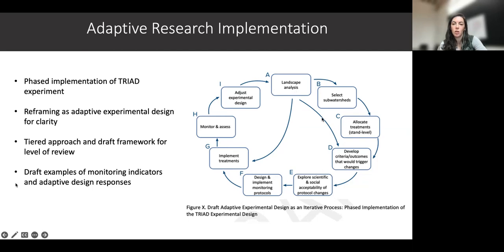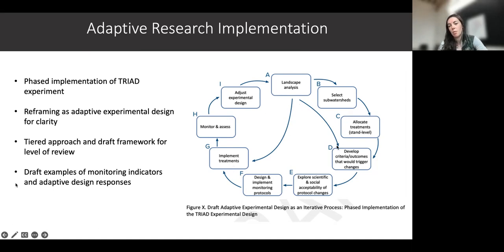So that's the outer loop here, but you can see there are smaller loops indicated, and these two shown here may not be the only two, but these are two of the major ones. If you go through this process of monitoring assessment, and it's determined that an adjustment is needed, then you would continue to analyze data at a landscape scale, and potentially then have the information you need to make adjustments and implement treatments, or continue on the path that you're on if adjustments aren't indicated.